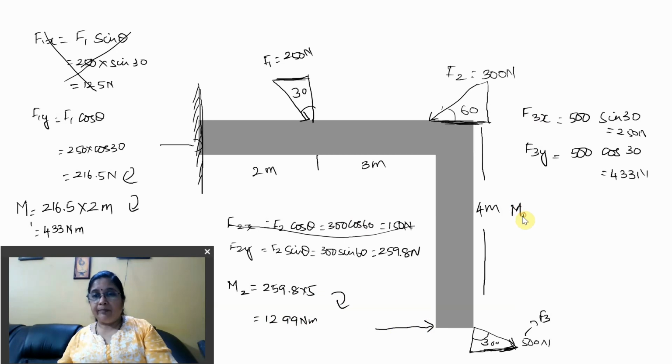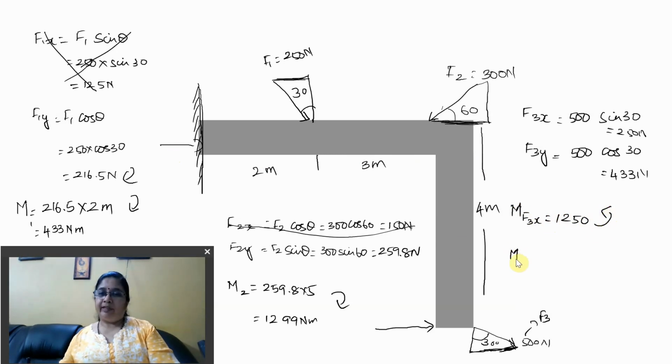You will have M F3x is equal to, so what is it? I have 250 Newton, right? 250 into, what is the distance along the x-axis of this force? Into 5. So I have 1250 Newton meter. How is it acting? It is acting in the anti-clockwise direction.